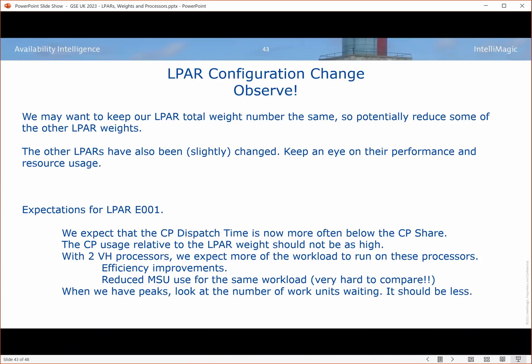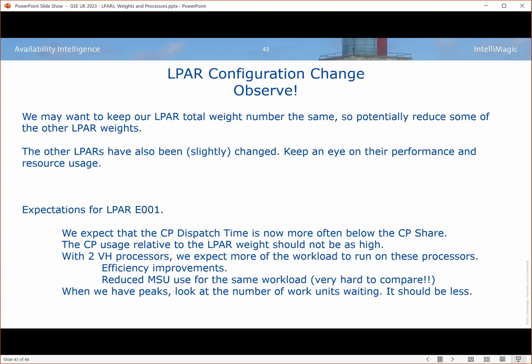We've gone from one vertical high to two vertical high processors. So when we look at that distribution of workload on the polarity, the processors, we expect more to be running on the vertical highs, i.e., an improved efficiency.